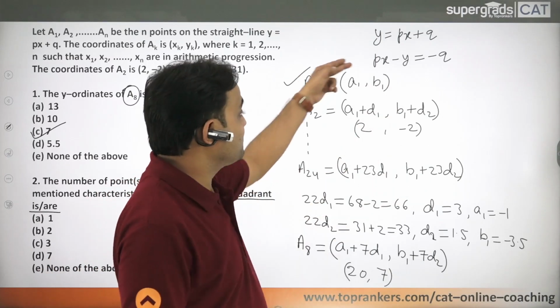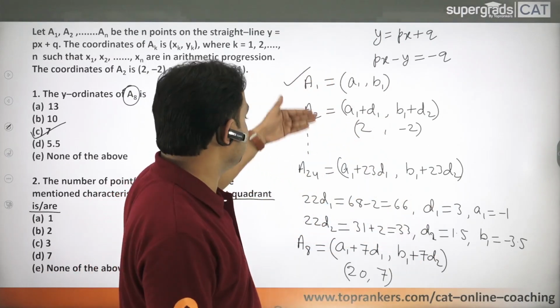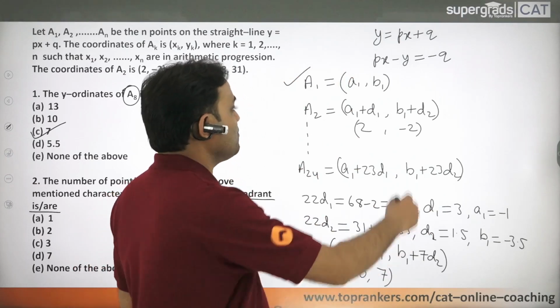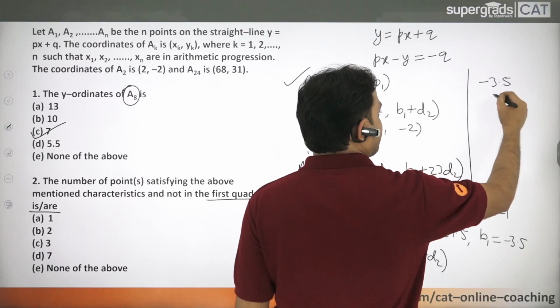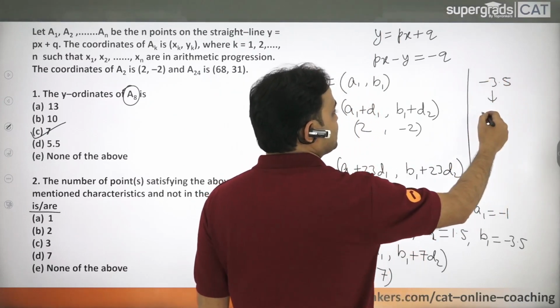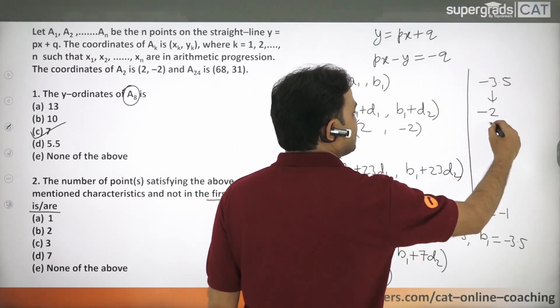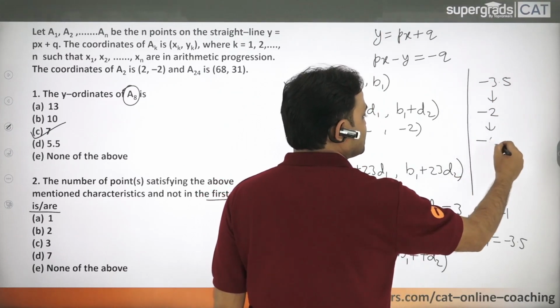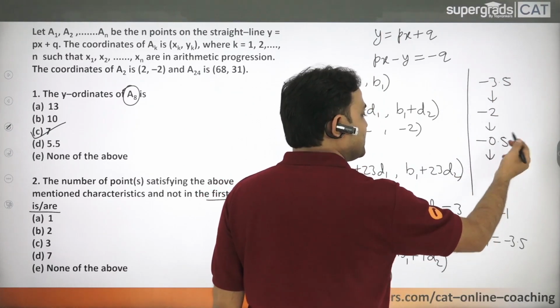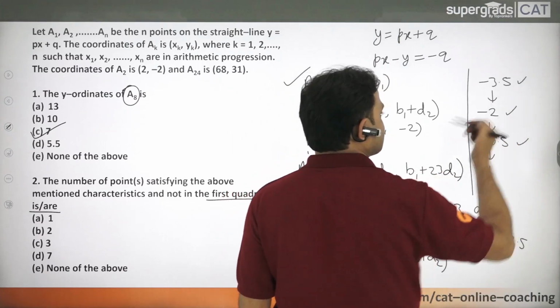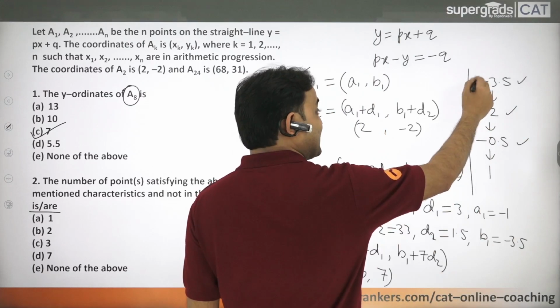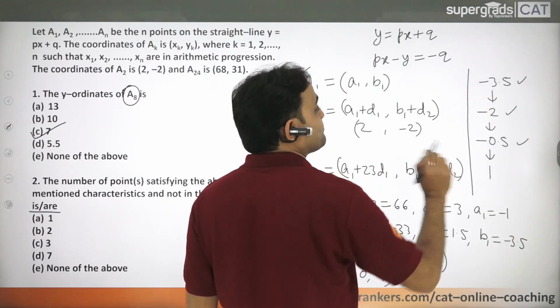In case of the y coordinate of each of these points, it started with minus 3.5 for A1, then it will be minus 2, then minus 0.5, then it will become 1. The x coordinate is negative here also. Now it will be positive.